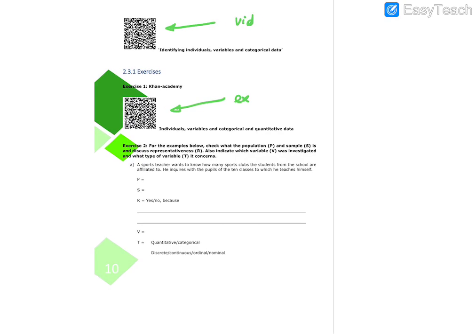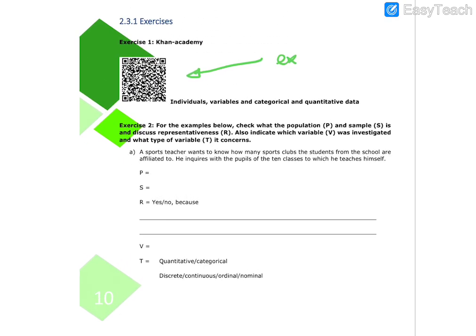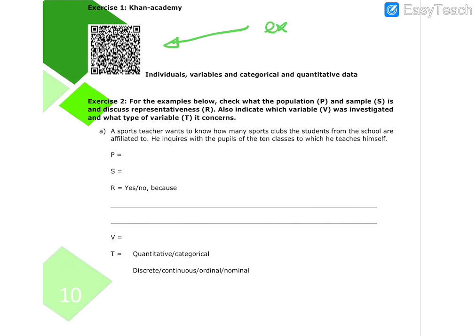In exercise 2, we're asked for a few things. For the examples below, check what the population is, you already know that. Check what the sample is. Discuss representativeness, so mention if you think that it's representative, yes or no, and why.